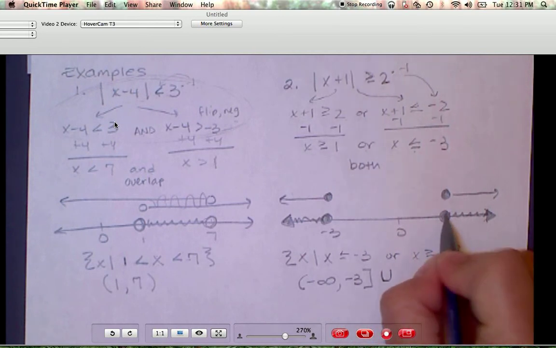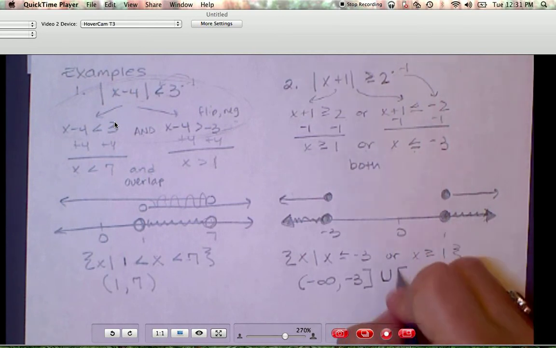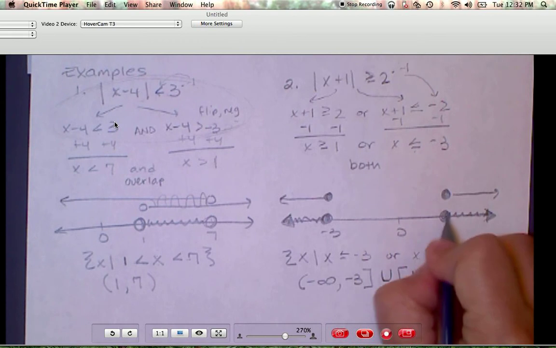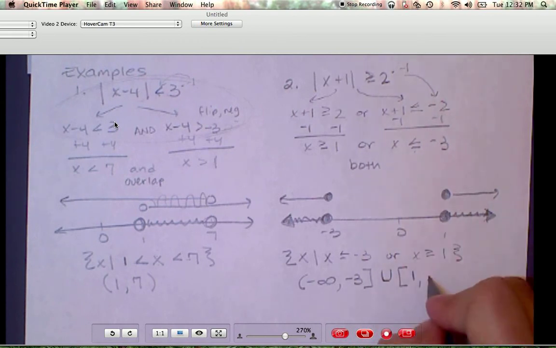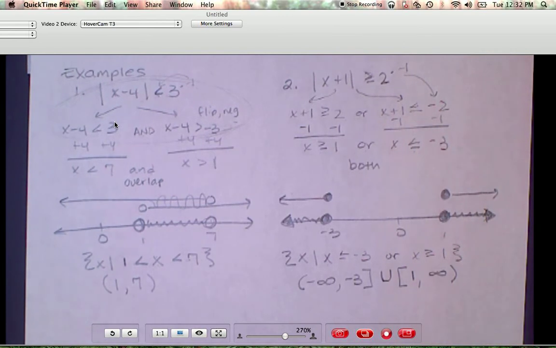And then the next shaded region starts at 1, and again we're going to use a hard bracket because it's a solid circle. It's including 1. And it ends at the right arrow, so that means it ends at +infinity. Remember, the infinities always get soft brackets, whether it's a -infinity or a +infinity. Open circles also get soft brackets. Closed circles are the only things that ever get hard brackets.